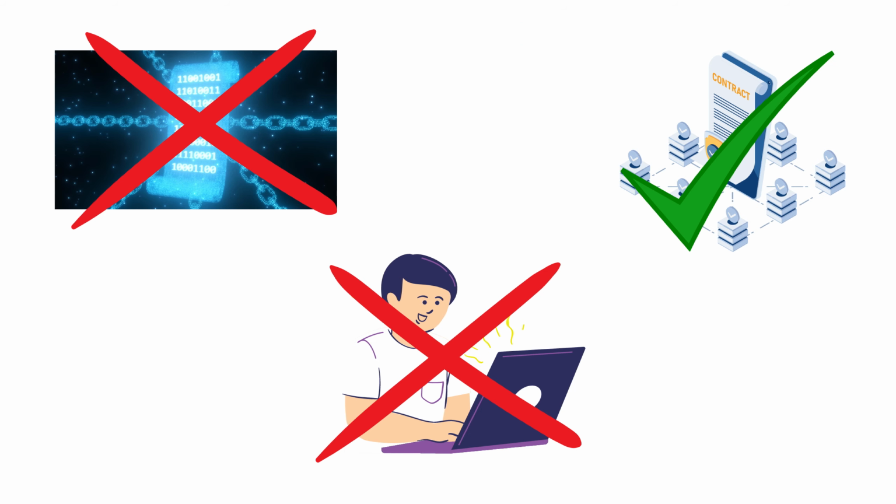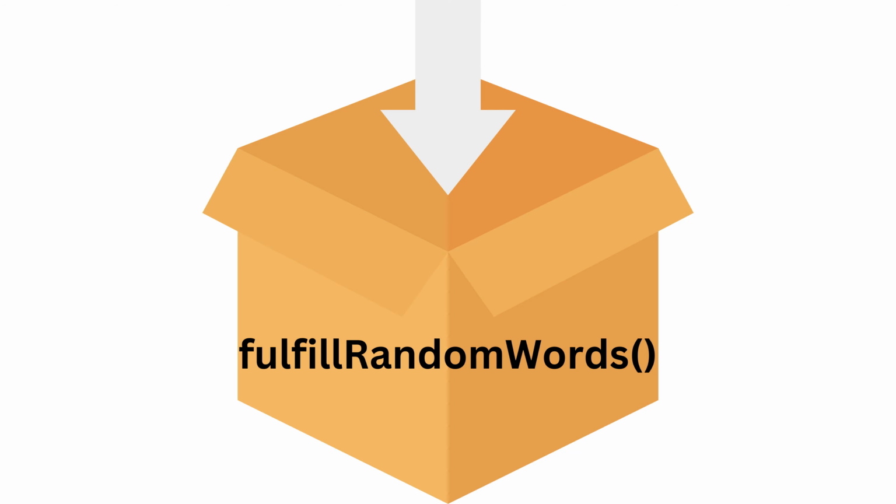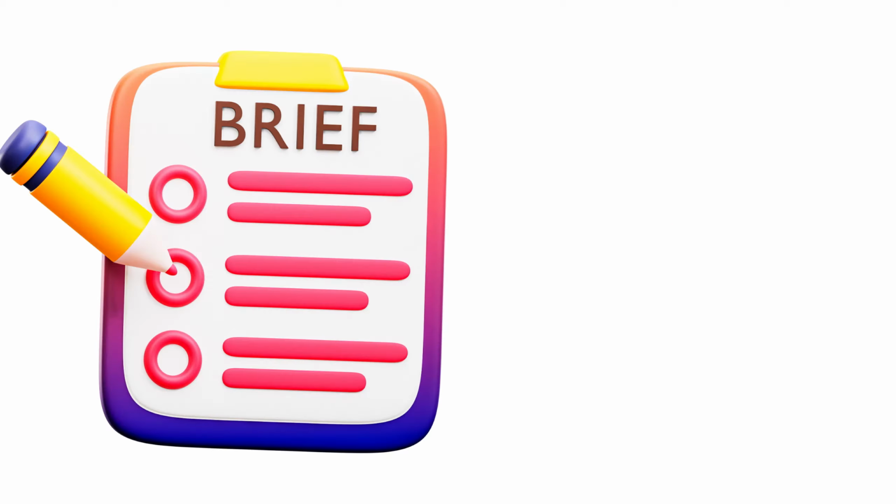This function won't be called by our contract or any other user. Any logic in your contract that is directly controlled by the generated random number should be executed within the fulfill random words function.